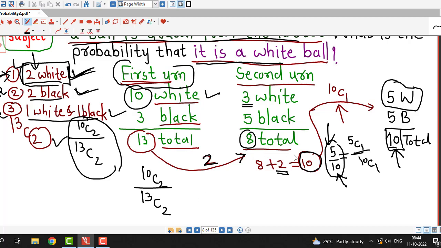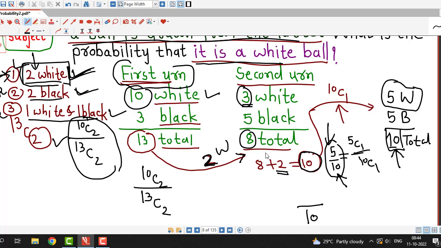And after that they are putting two white balls into the second urn. In the second urn there are already 3 white balls, and we are putting 2 white balls. So there will be 5 white balls in the second urn, and after that they are drawing one ball from the second urn. So that we can do in 10 ways.